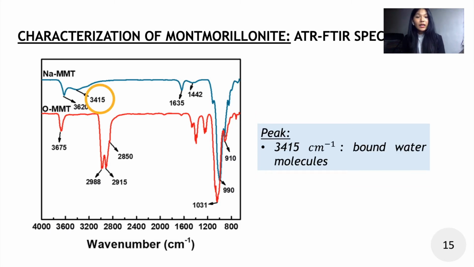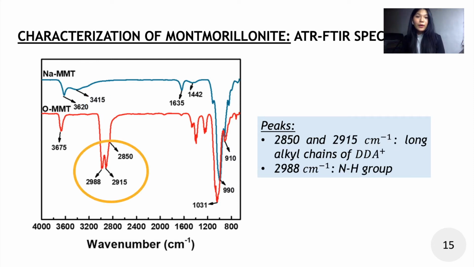However, only NaMMT had a peak at 3415, which was attributed to its bound water molecules. OMMT lacks this peak because of the hydrophobic alkane chains of the surfactant added. For the OMMT, a new peak at 2850 and 2915 can be seen, which is attributed to the long alkyl chains of DTA plus and 2988 for the amine group.